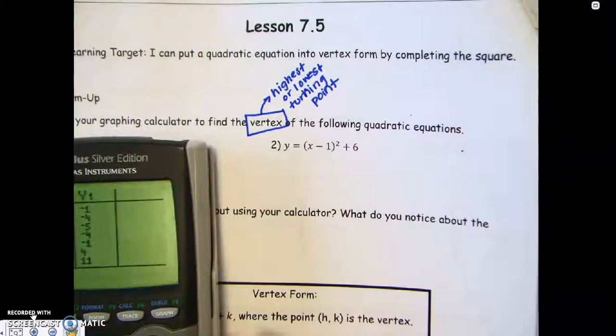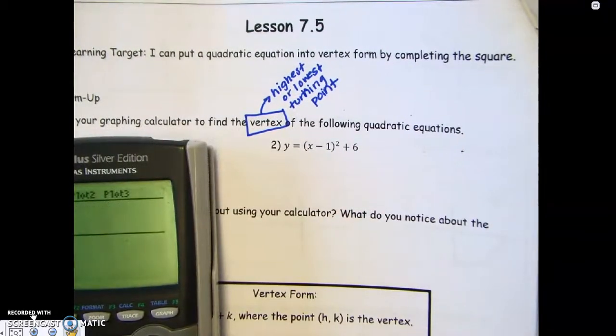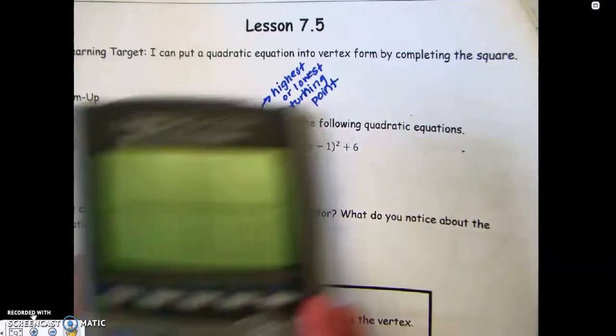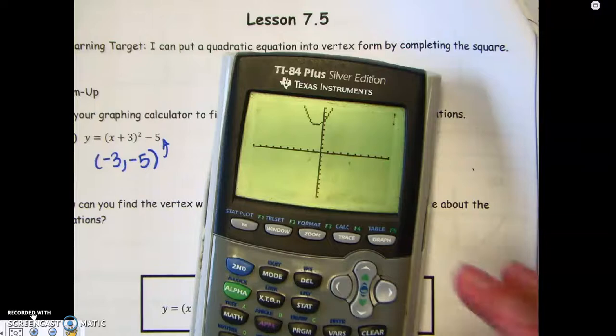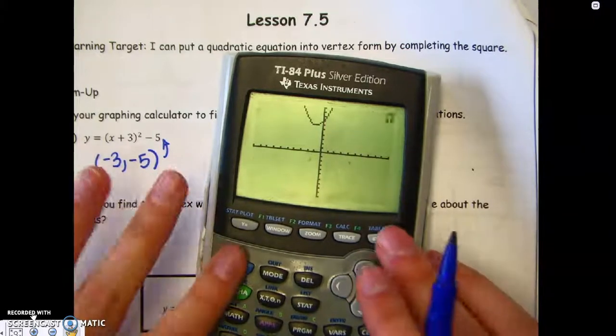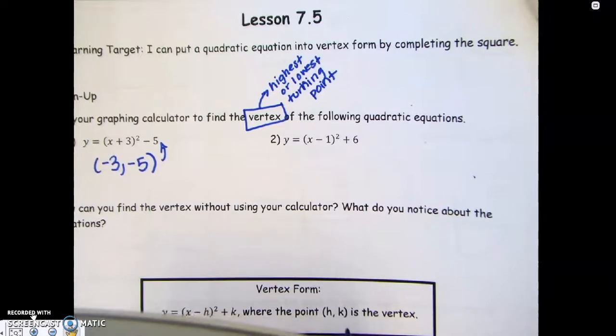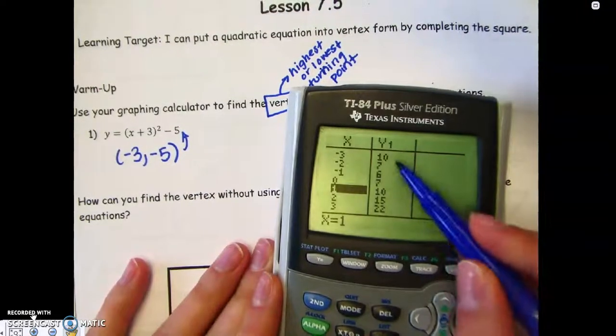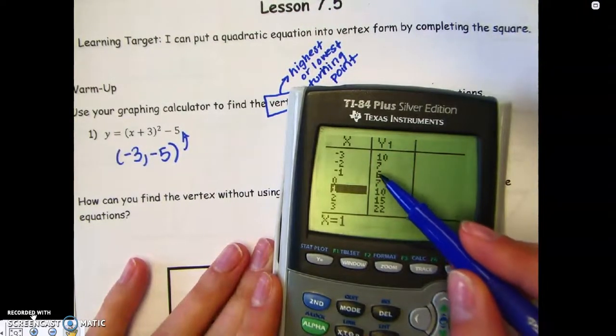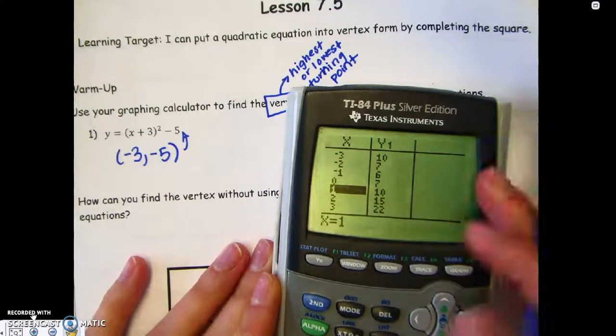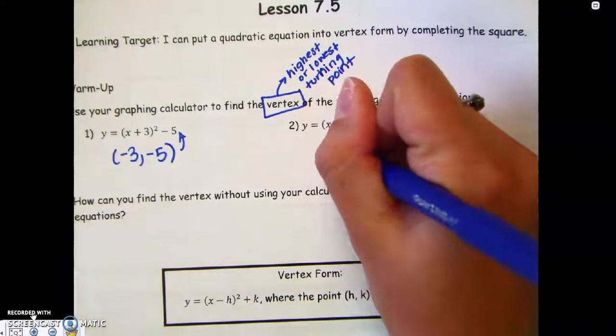So for number 2, I'm going to put that parabola in there. And I'm going to look, the parabola looks like that. So my vertex is right there. So I'm going to try to find the symmetry in my table. And my symmetry happens right here, and the lowest point is -1, 6.